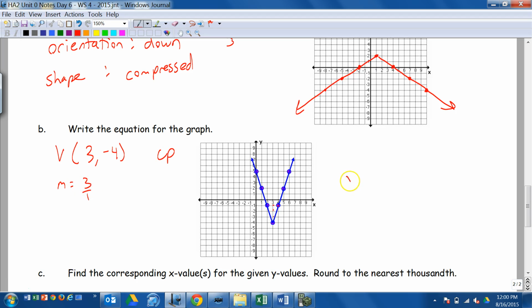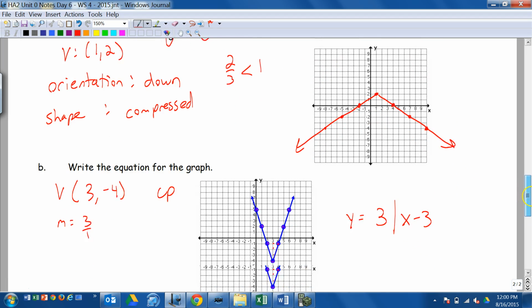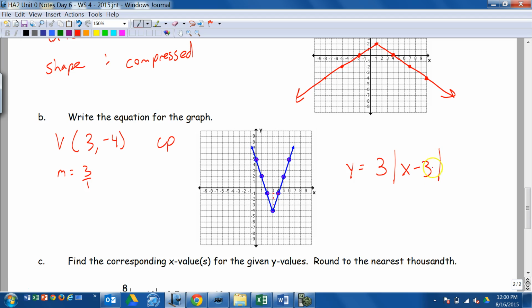So I can write the equation y is equal to 3 absolute value. Since the x is shifted 3 to the right, it's going to be x minus 3. Okay. And since it's shifted down, it's going to be minus 4. And that's how easy that is. It's just the reverse of the one above it.